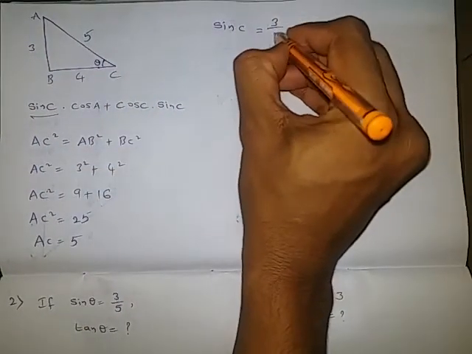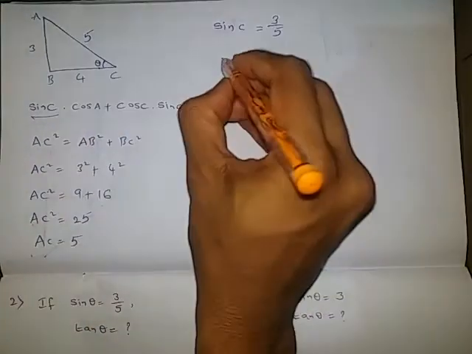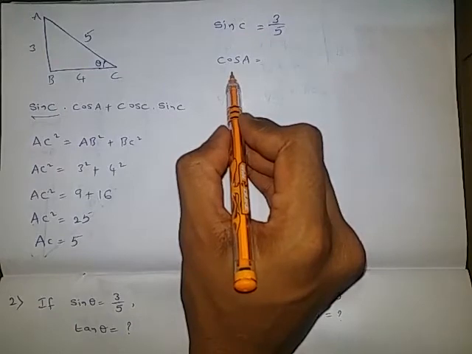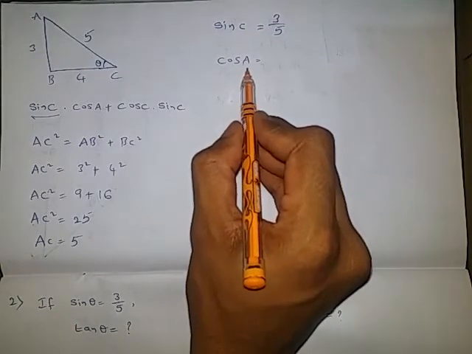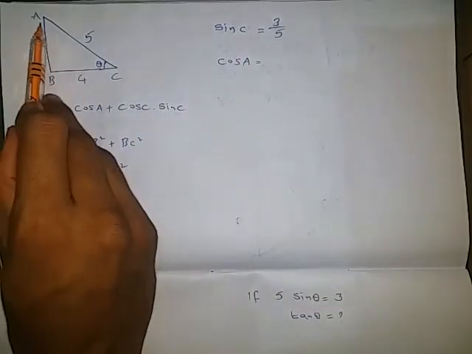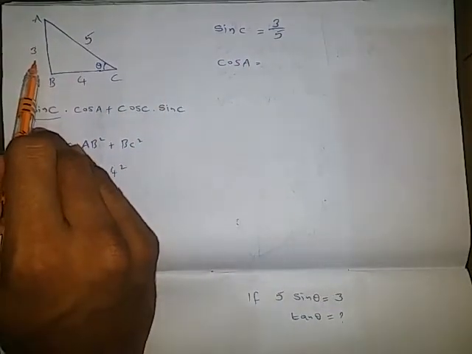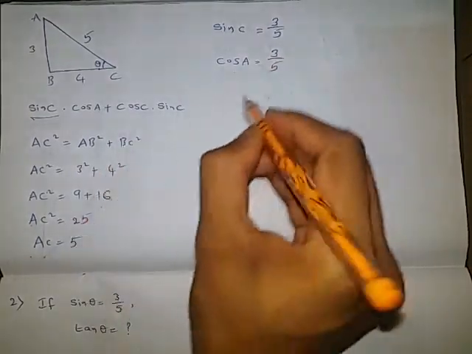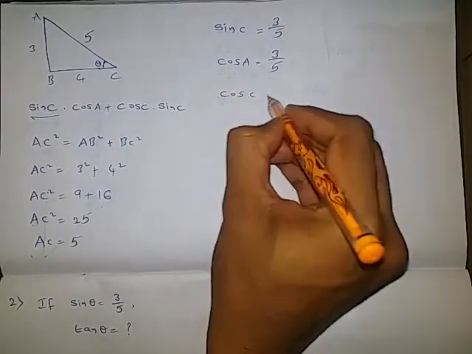So 3 by 5. Next, cos A. Cos is nothing but adjacent by hypotenuse. Here we are discussing with A. So for A, adjacent is 3, hypotenuse is 5. So 3 by 5.